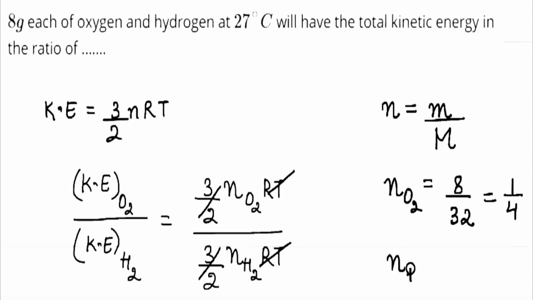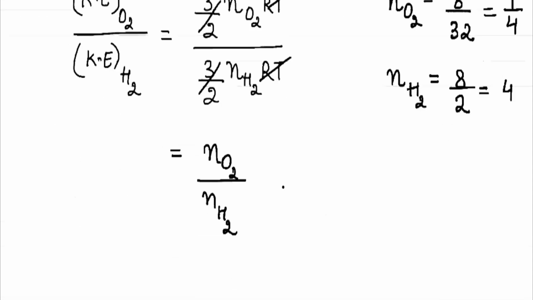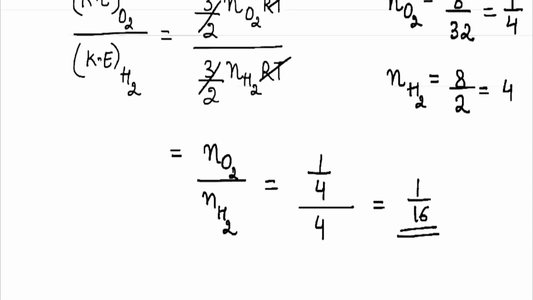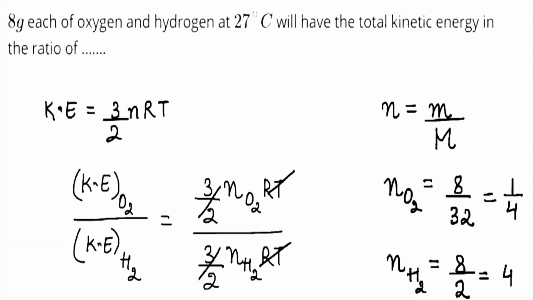And the number of moles of hydrogen will be its mass in grams, which is 8, and its molar mass, which is 2. So it will be 4. So now if we put these values here, it will be 1/4 divided by 4. So it will be 1/16. So the ratio will be 1/16.